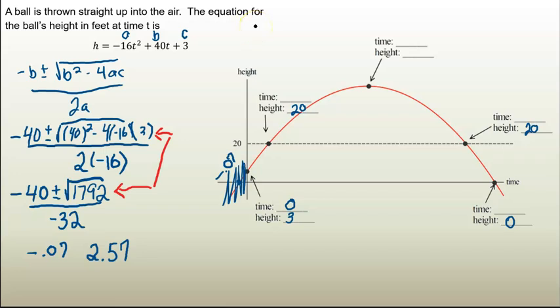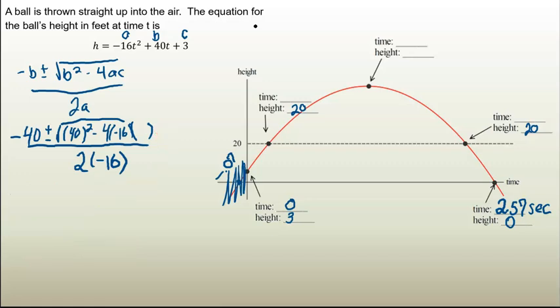But the 2.57 does, so I'm going to plug that in, and that is the 2.57 seconds the quadratic formula gave me. Now let's see how long it took to get to 20 feet high. I need to plug in 20 for h, so I'm going to rewrite this equation set equal to 20.